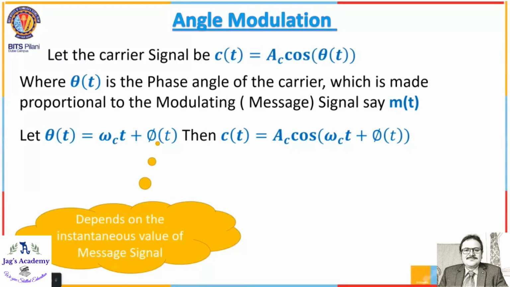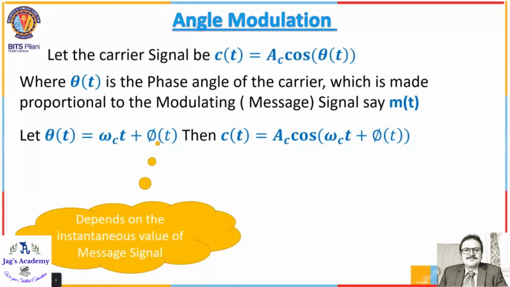right? Now see, this phi of t depends on the instantaneous value of the message signal, right? See, omega ct is constant. Your frequency of the carrier wave, that is omega c, is constant. You are generating a carrier wave of say frequency 50 hertz, that remains the same.